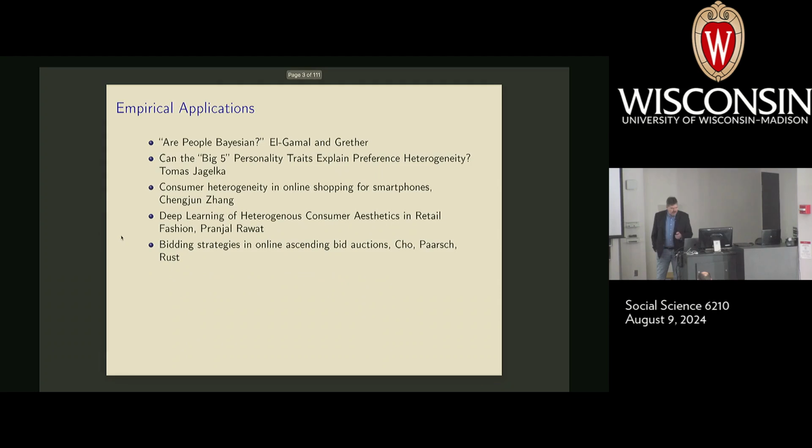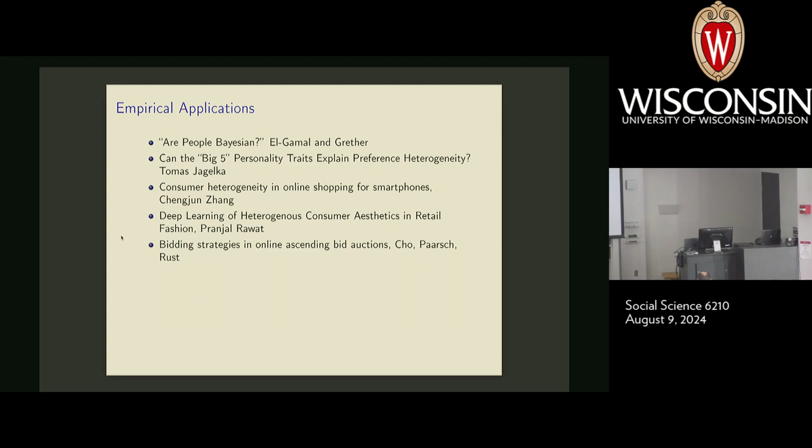Then there's a number of cool empirical applications. I probably won't have time to go through all or maybe any of these, but I put them all in the Dropbox. One is a paper I'm working on with my grad students, a reanalysis of a paper called Are People Bayesian? It asks, do humans follow Bayes' rule?